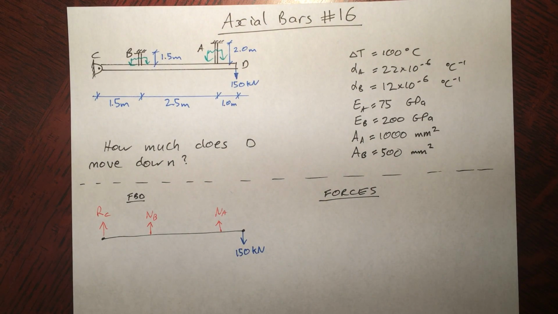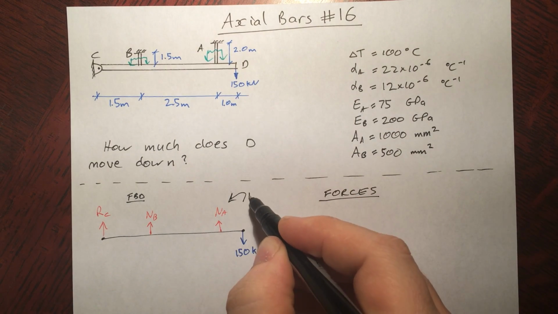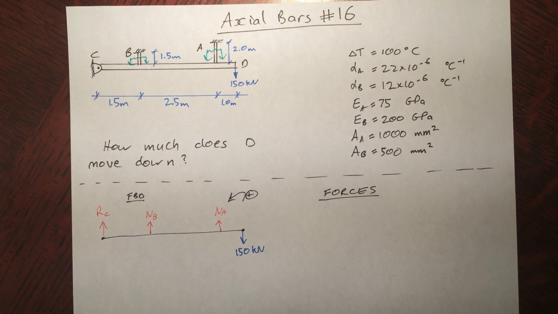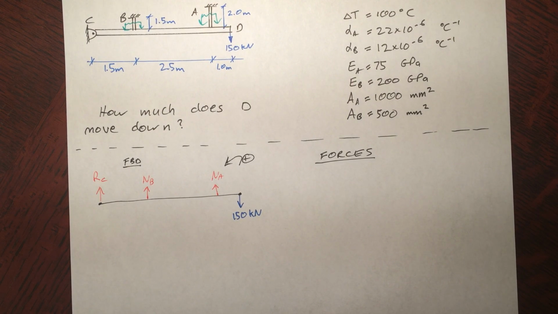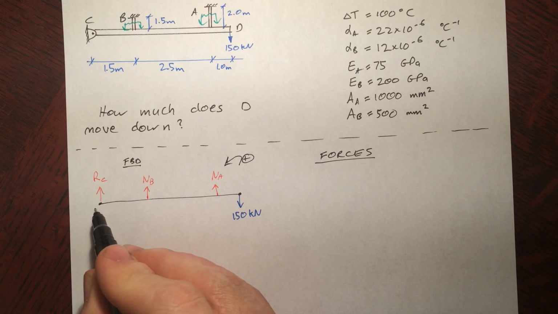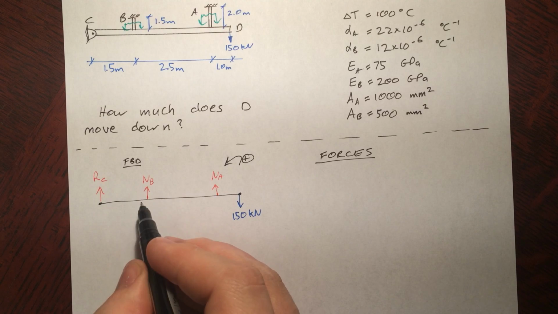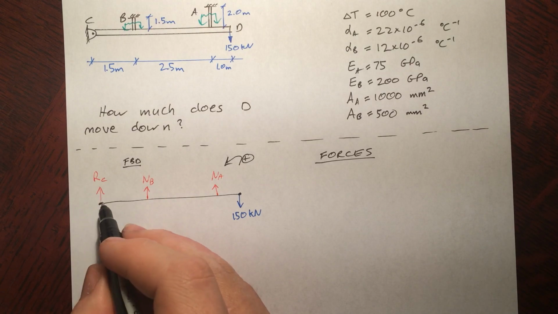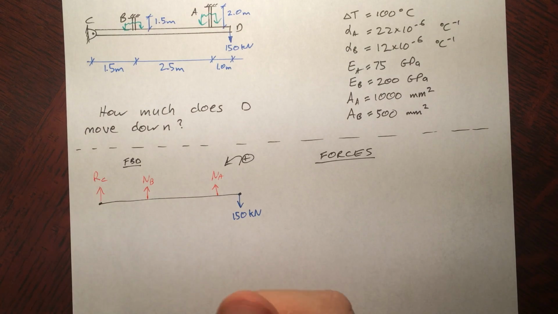Taking our moments to be positive in this direction, we could find a moment equation for this. It's going to be NB times this distance. We don't need to worry about this reaction because there's no distance, so it doesn't contribute a moment.